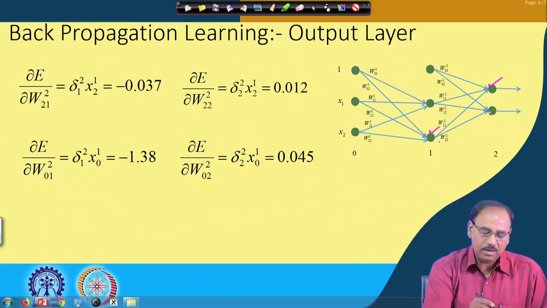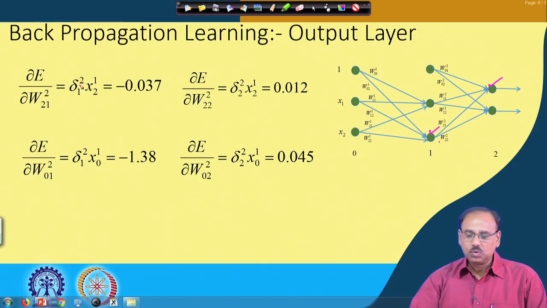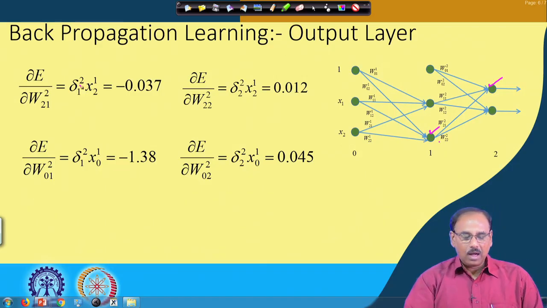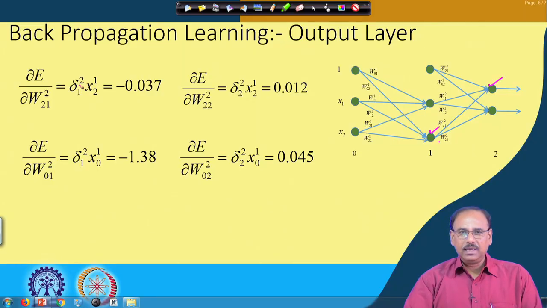So, in the same manner, by computing delta 1 2 and delta 2 2, and making use of the outputs of the previous layer nodes, or hidden layer nodes, I can compute del E del W212. I can also compute del E del W222.